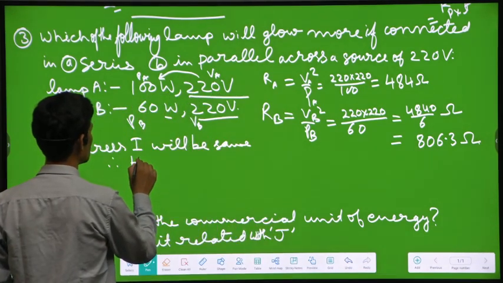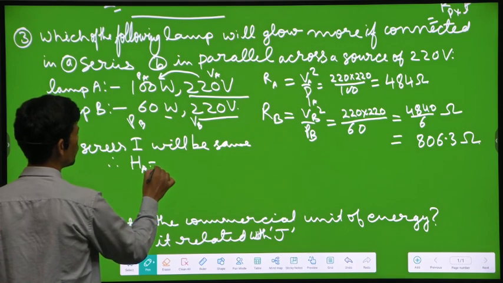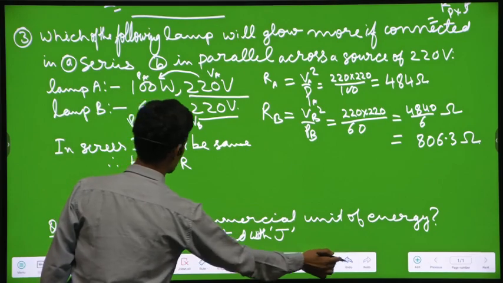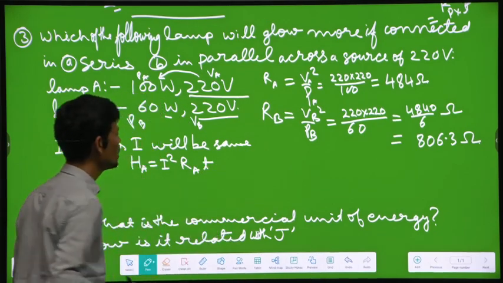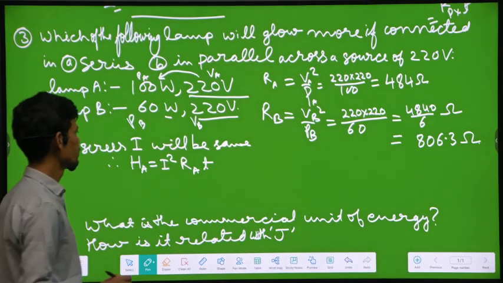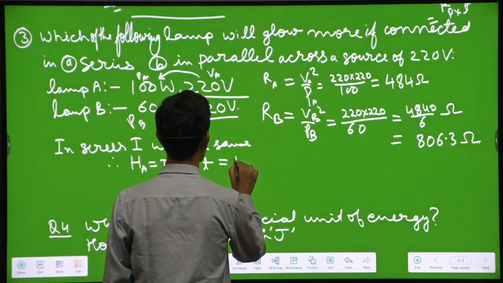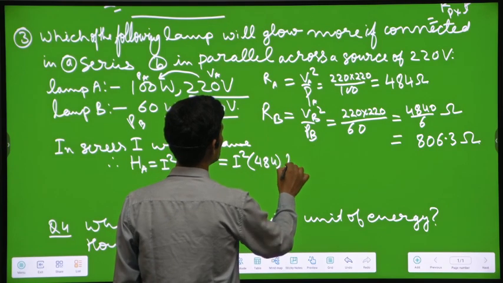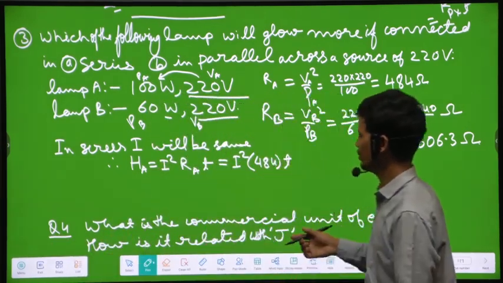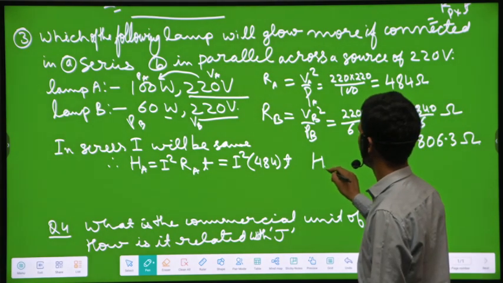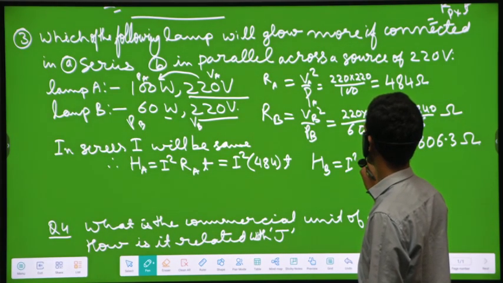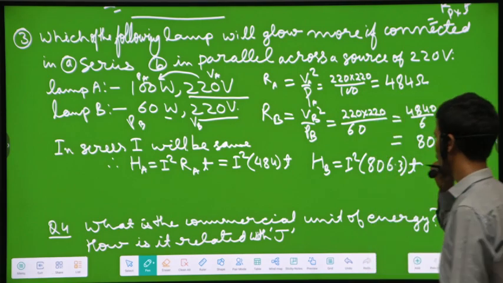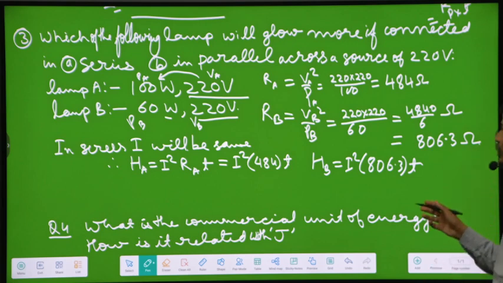So heating of A will be I square RA T. That is I square into 484 T, let us suppose for a given interval of time, and heating of B is I square into 806.3 T, for the given period of time.